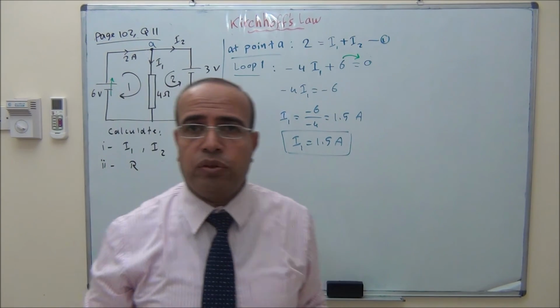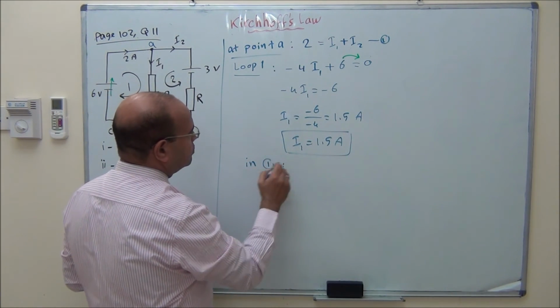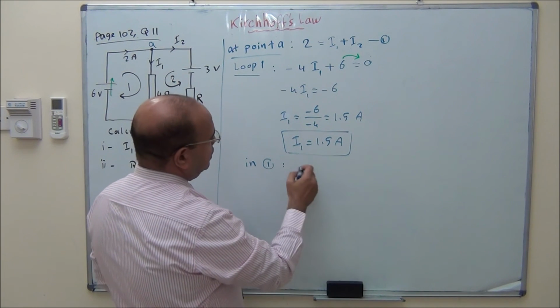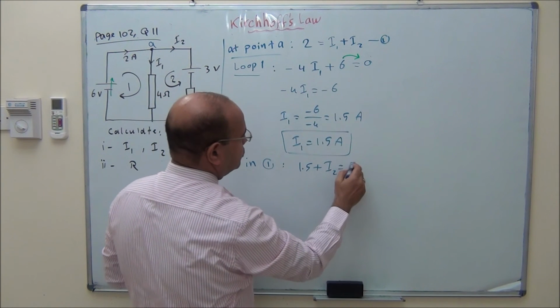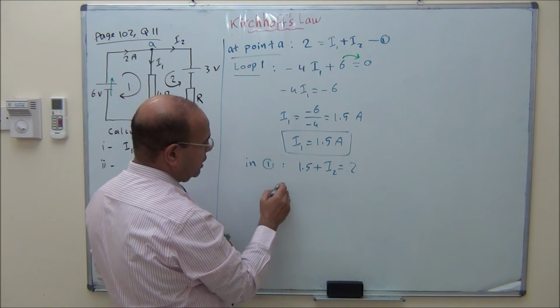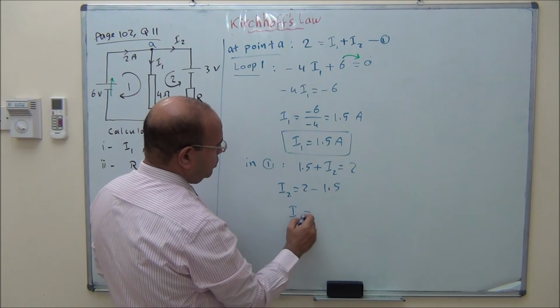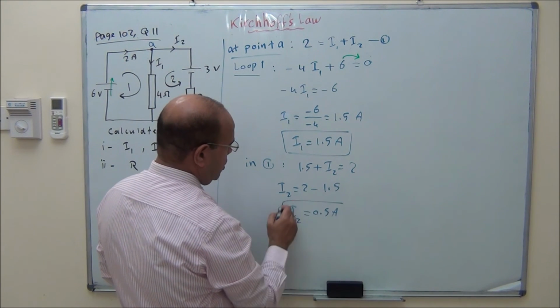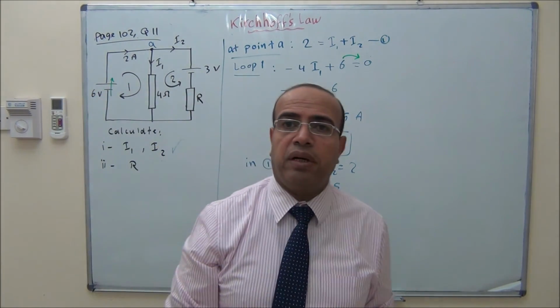Now we can get I2. Substitute in equation 1: 1.5 plus I2 equals 2. Move 1.5 to the other side, so I2 equals 2 minus 1.5. So I2 equals 0.5 ampere. Okay, so we finish this part. We found I1 and I2.